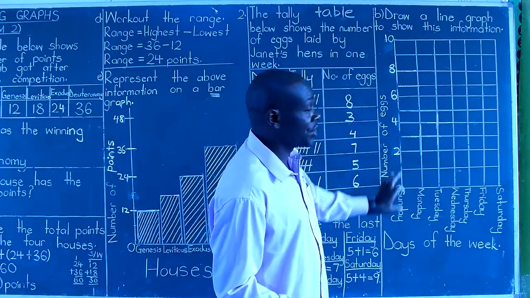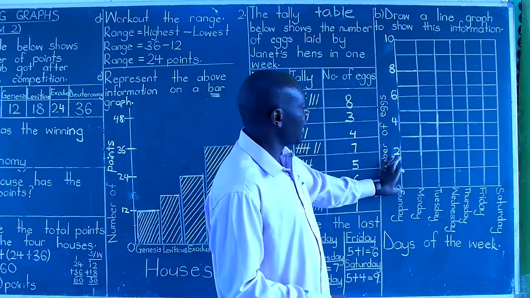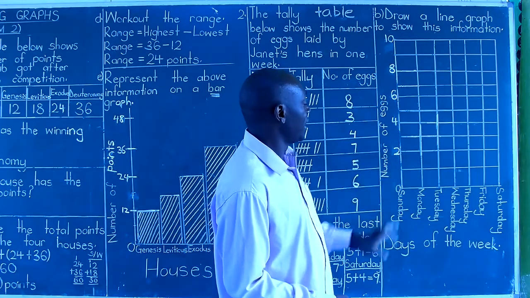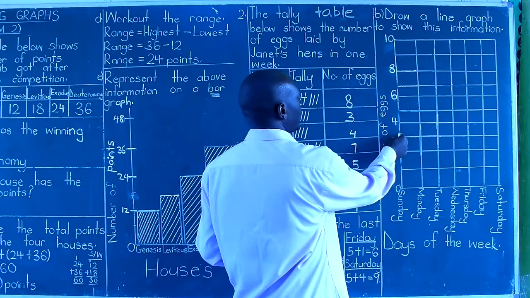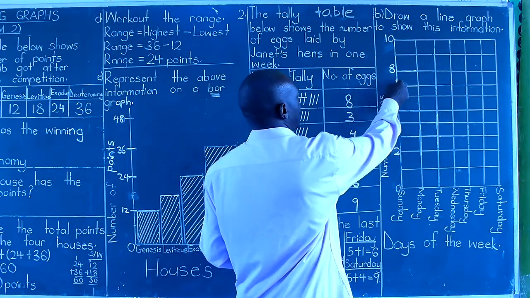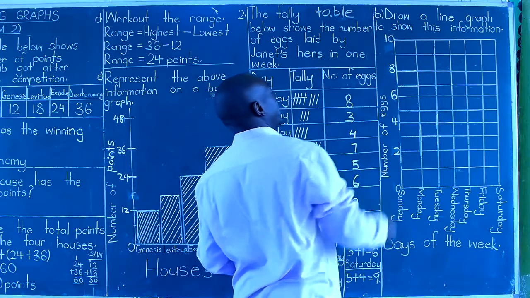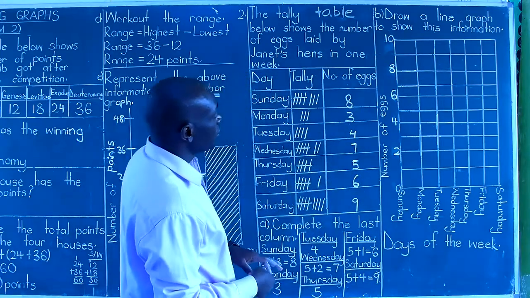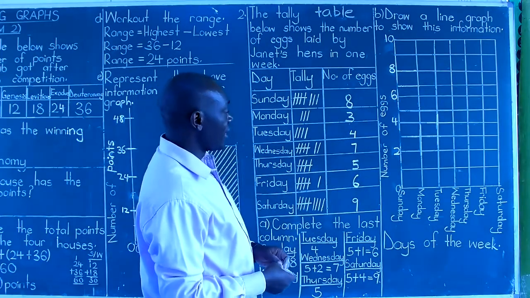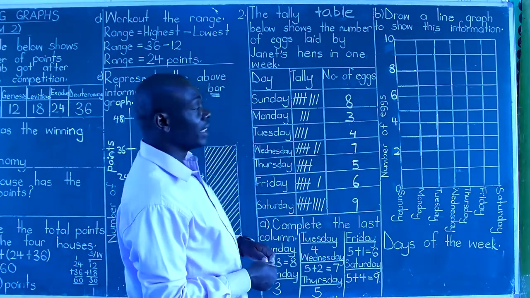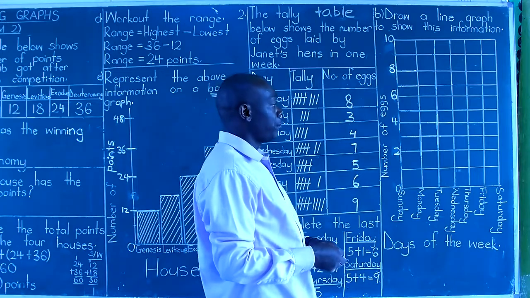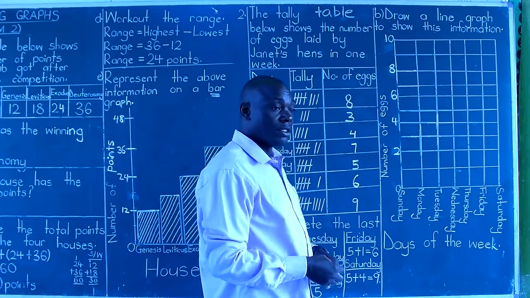But each box here, or each square here, represents 1 egg laid. So this is 1, 2, 3, 4, 5, 6, 7, 8, 9, 10. Having labeled it uniformly, we go to drawing the real graph, which is said to be a line graph.